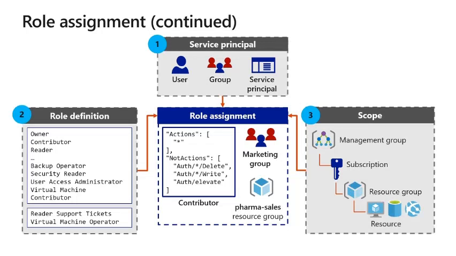A role assignment completes the process of implementing RBAC, combining a service principal, a role definition, and a scope. Note that it is possible to create a role assignment by using the Azure portal, Azure CLI, Azure PowerShell, Azure SDK, or REST APIs. There is a limit of 2000 role assignments in each subscription.